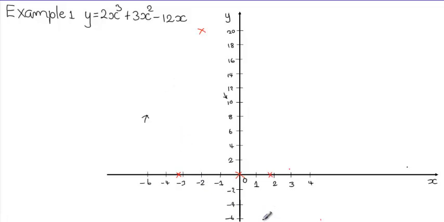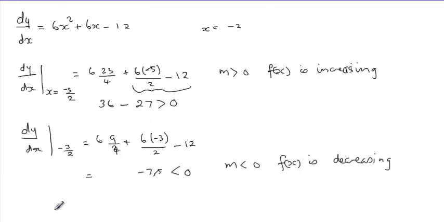Then let's come to the other point now. Which other point is it? 1, is it? So we should check what's happening before 1 after this turning point, which is obvious, but just check it and confirm it mathematically. And then check what's happening after 1. So let's go back there. Take the derivative.